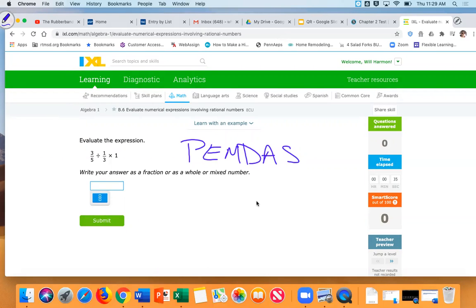So in this problem, I have 3/5 divided by 1/3 times 1. Julie, what's the first thing I need to do when following order of operations? Multiplication.